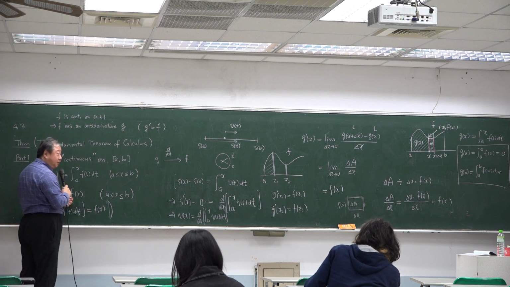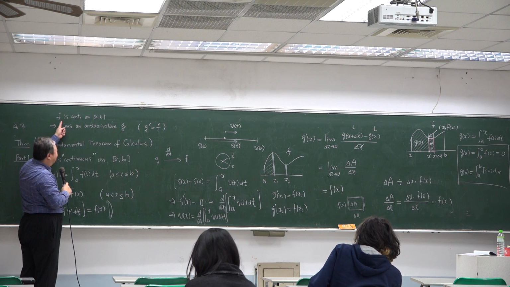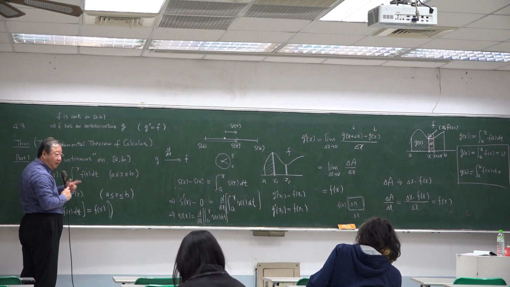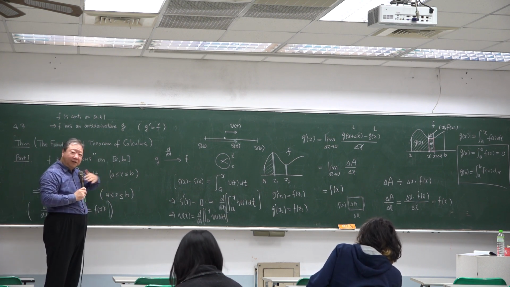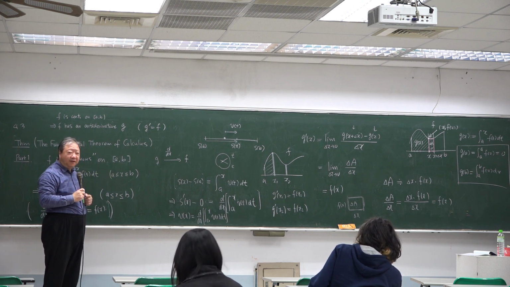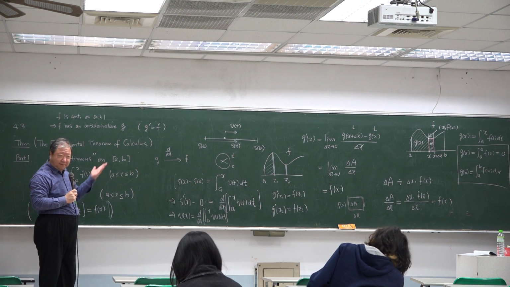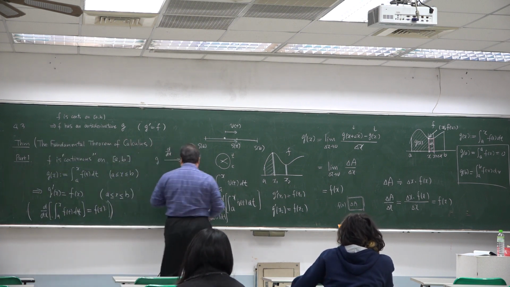See, g prime equals f. Wow, f must be the derivative of some function. A continuous function is the derivative of some function. This is part one.